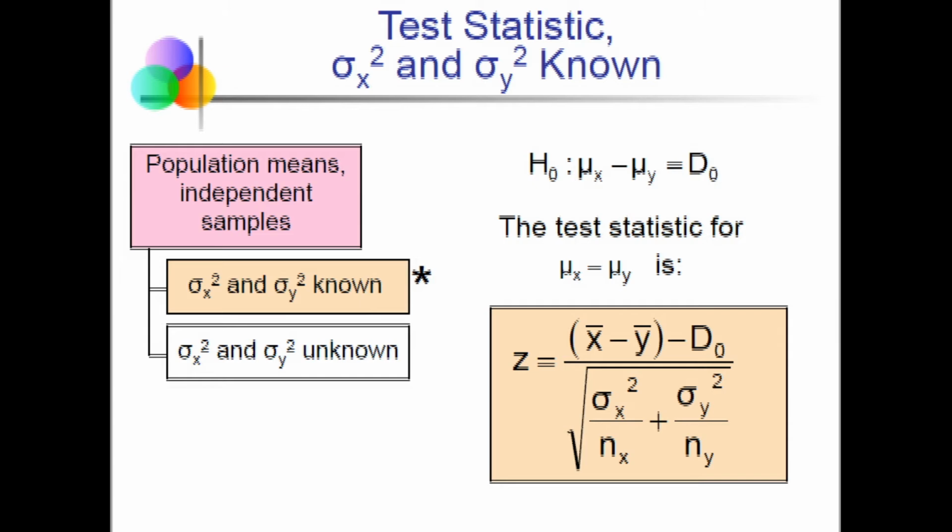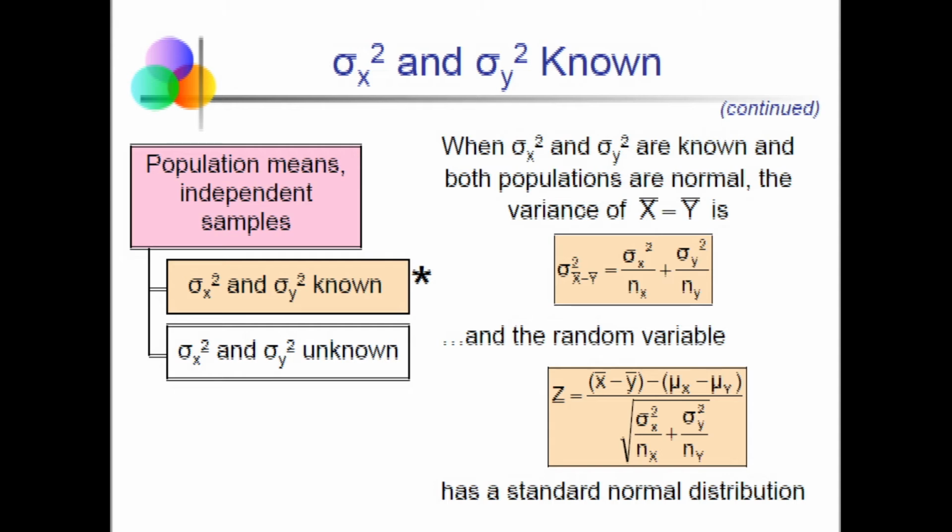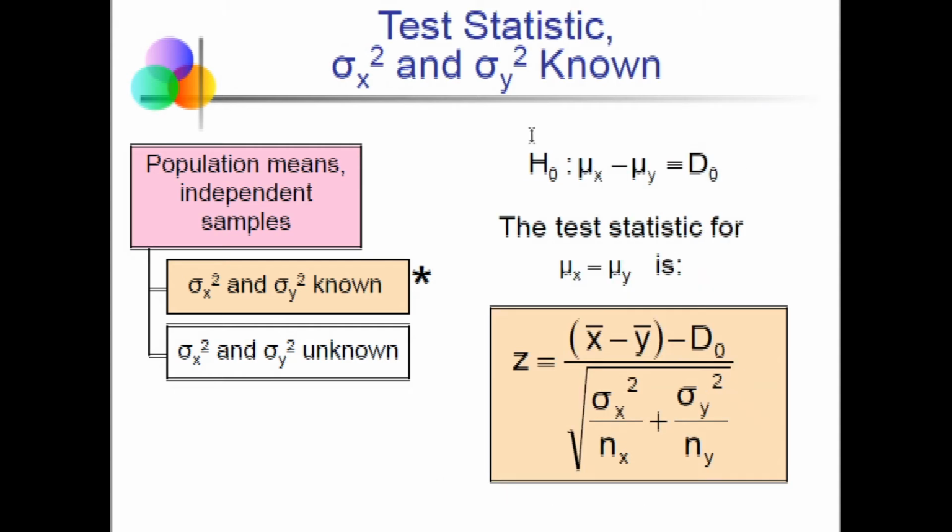So now the hypothesis will be mu x minus mu y, which is equal to the difference, and the test statistic for mu x minus mu y is the z value, which is found using this formula.